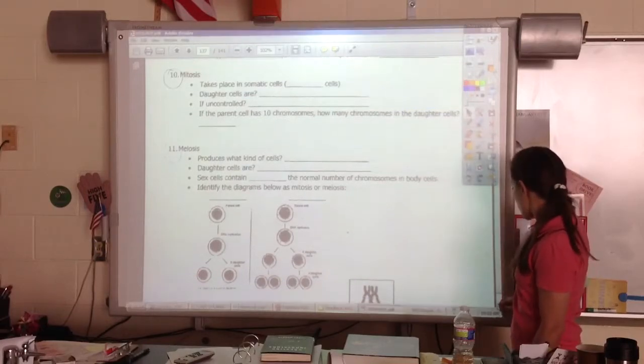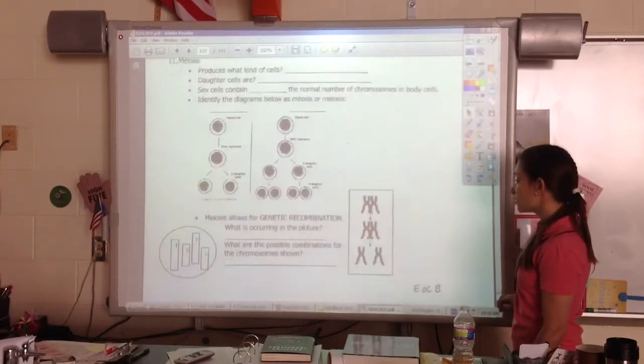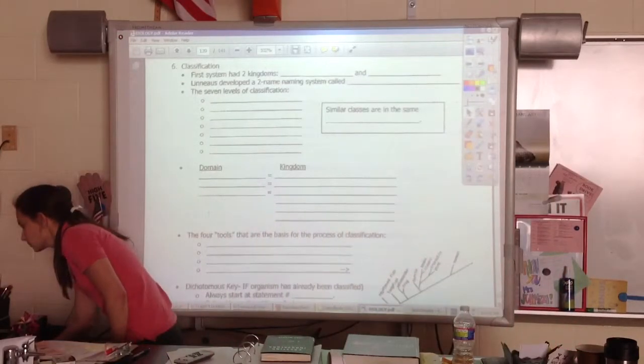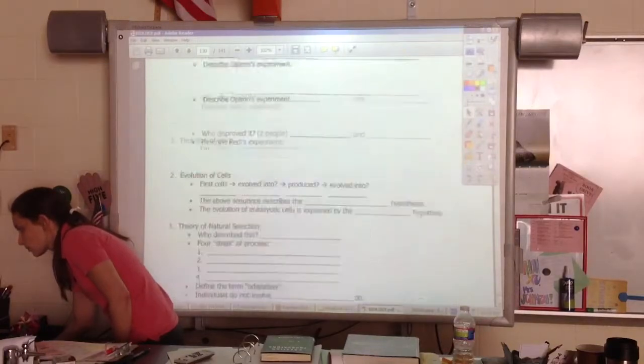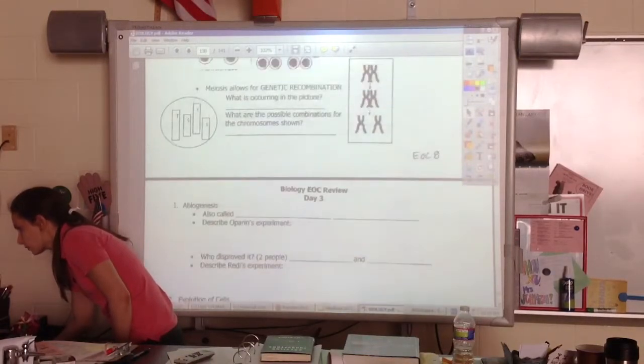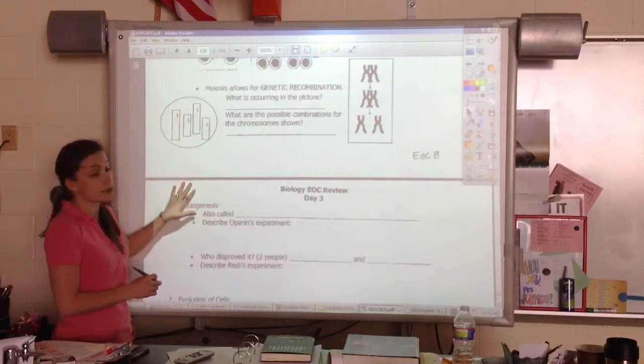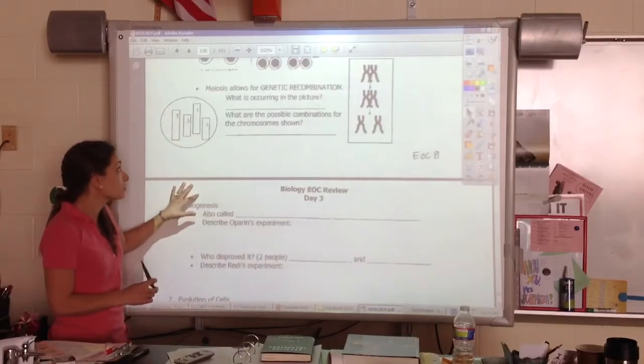The bottom of this page looks at meiosis and genetic recombination. And so you do want to be able to look at a cell and predict what will happen after meiosis.